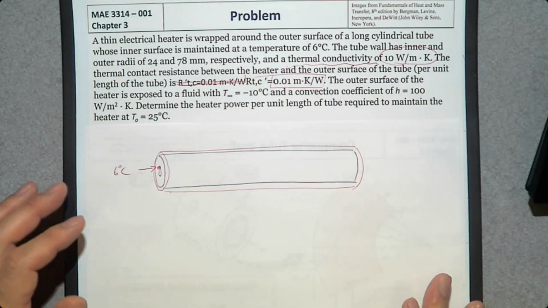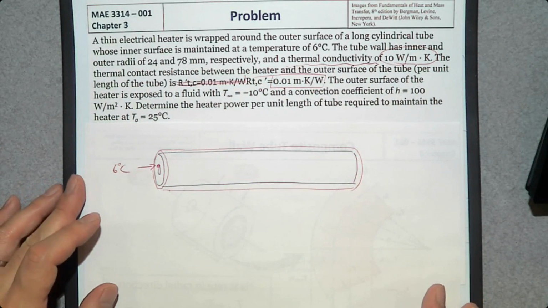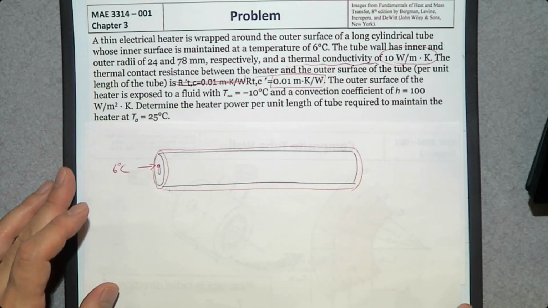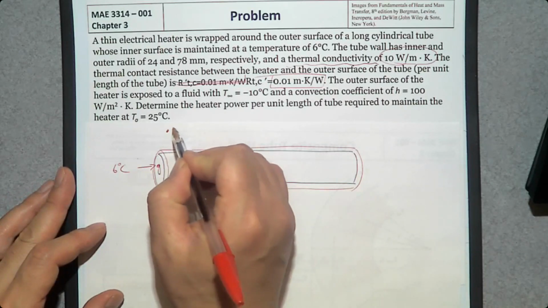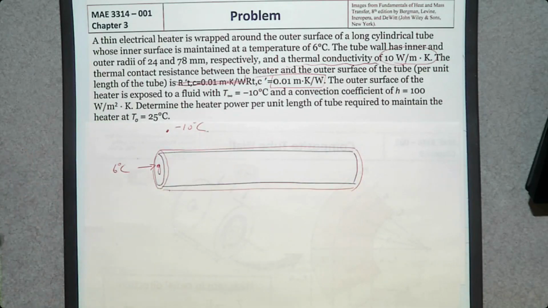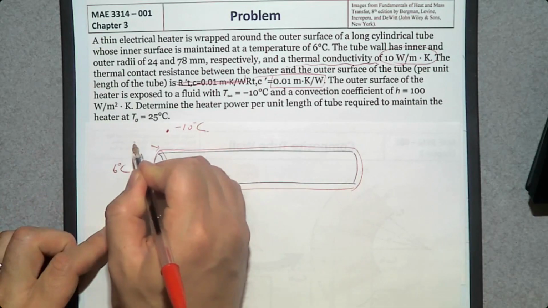The outer surface of the heater is exposed to a fluid with the temperature minus 10 degrees Celsius. And the convection coefficient is 100 watt per meter square Kelvin. Okay, so the temperature outside is going to be minus 10 degrees Celsius. And then we have the temperature of the heater is 25 degrees Celsius.